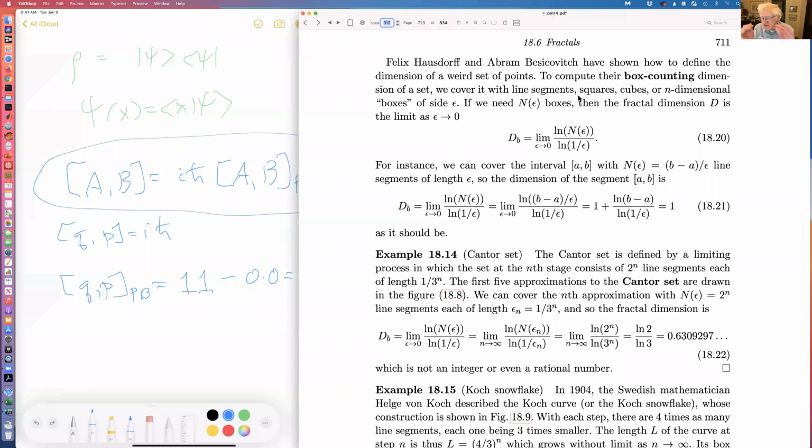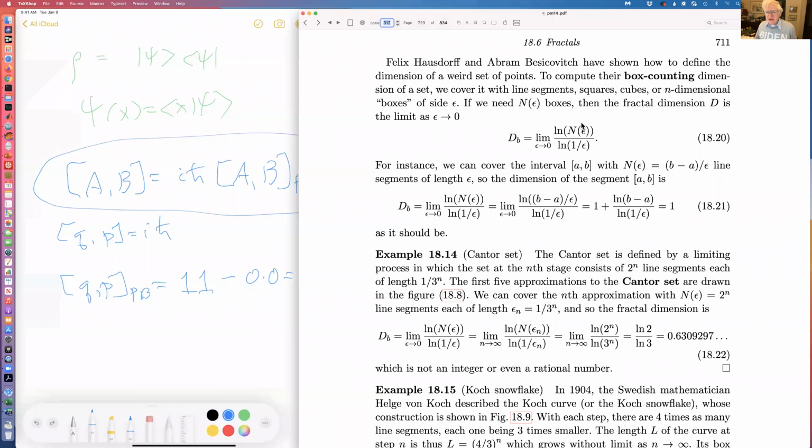In order to cover the set completely, you'll need N of epsilon boxes. Epsilon here is the size of the edge of the box. Let's say these boxes are always squares or cubes and so forth, so the edges are all of the same length, epsilon.